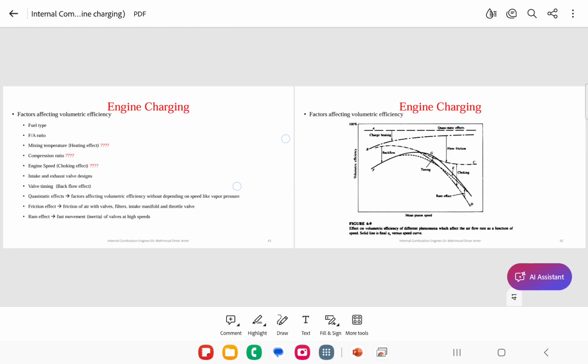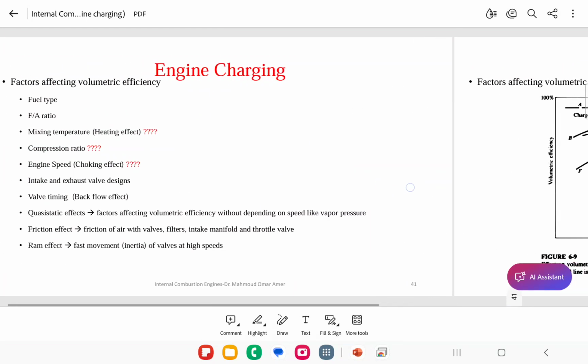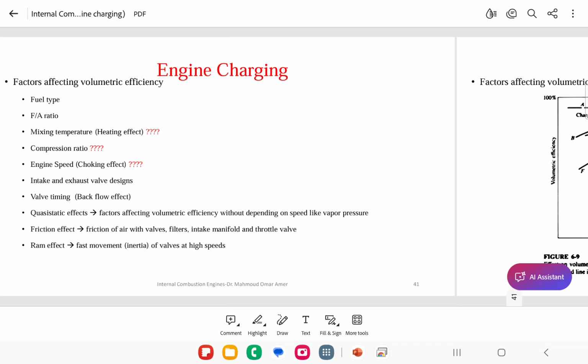What are the factors that are affecting the engine charging? The fuel type, fuel to air ratio, mixing temperature, compression ratio, engine speed, intake and exhaust valve designs, valve timing, quasi-static effects, friction effects, ram effects.